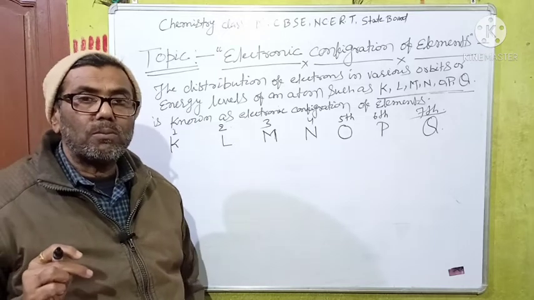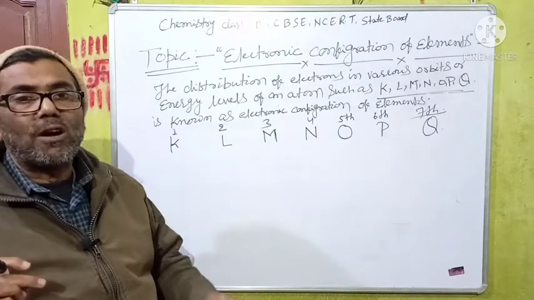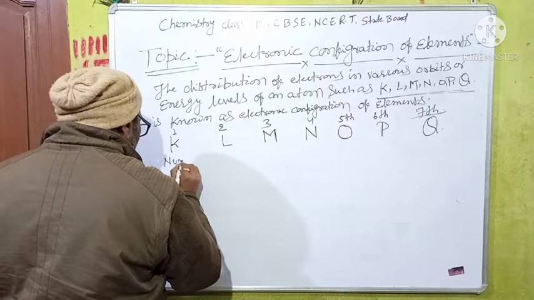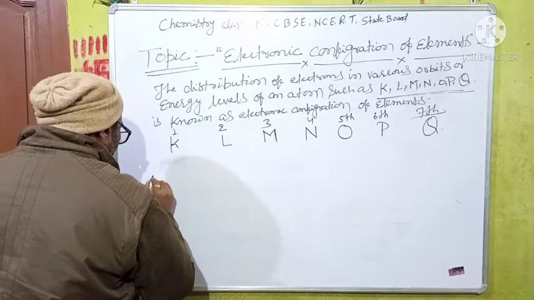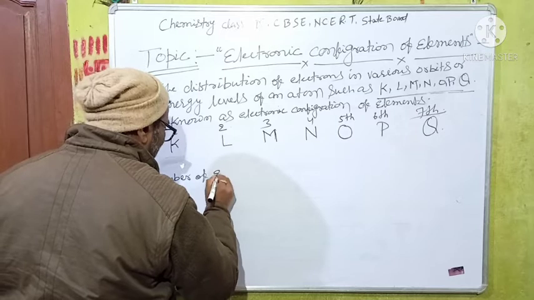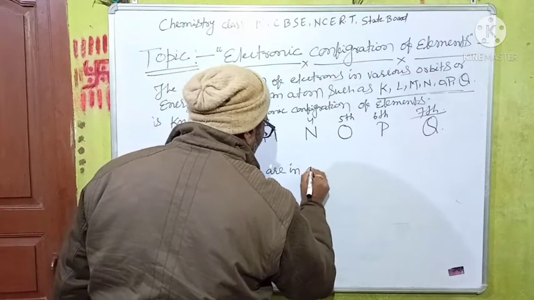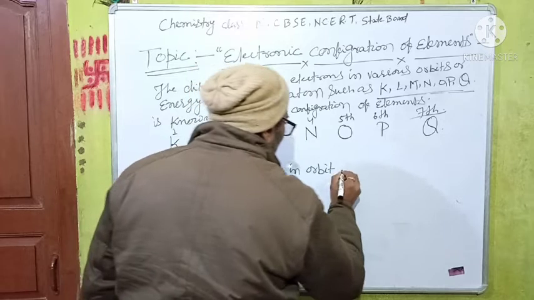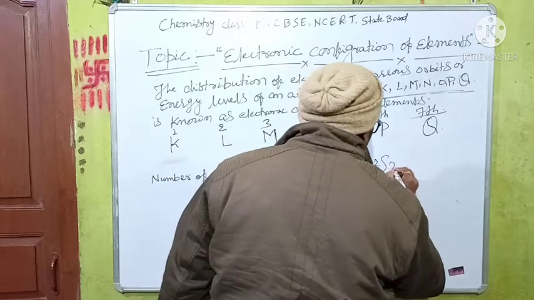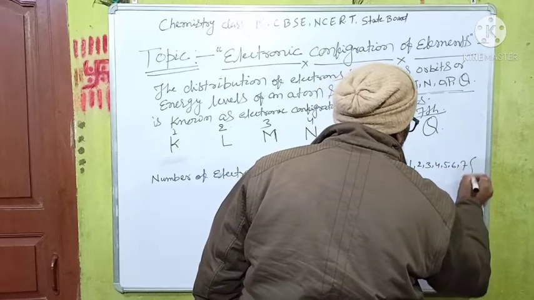The number of electrons in the orbits will be according to the formula 2n squared, where n is equal to 1, 2, 3, 4, 5, 6, 7.